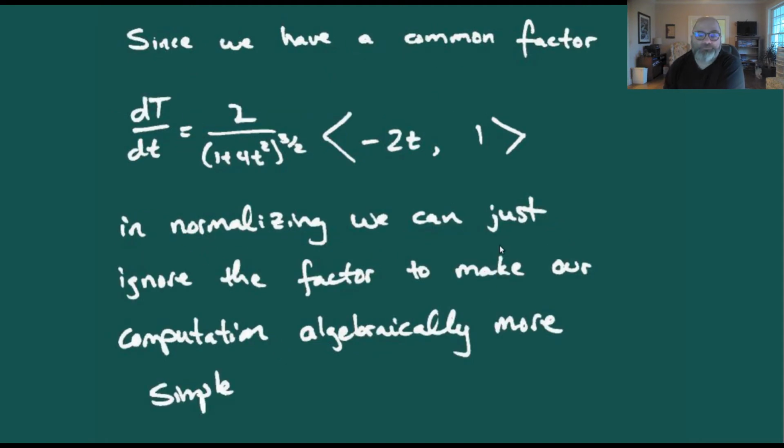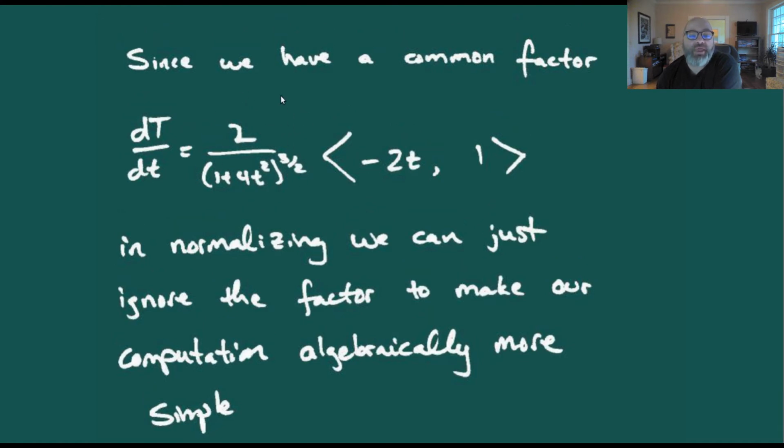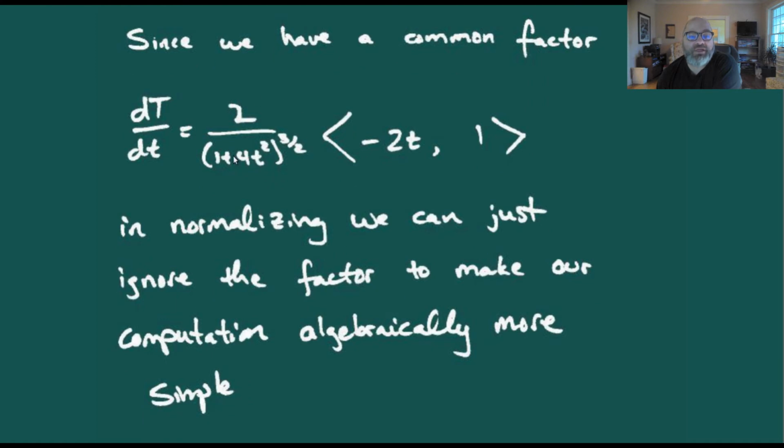The vector we just calculated has a common factor of 2 over (1 plus 4t squared) to the 3 halves inside it, so we can pull that scalar factor out. In normalizing, that scalar factor just cancels out, so we can ignore it and really just normalize the vector that was already there.